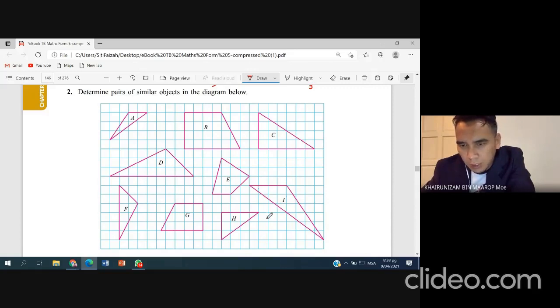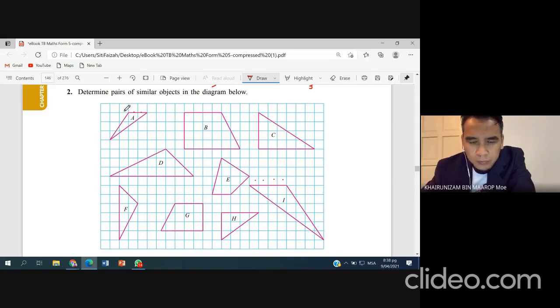This one, A, like equal to I, isn't it? But we need to determine the length of the side first. This is 1, 2. 1, 2, 3, 4. Means the ratio is 2. 2 times 2.